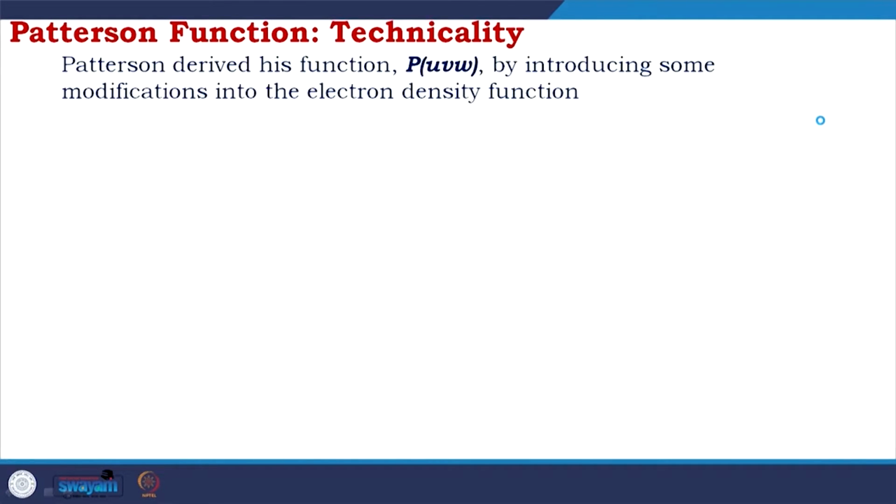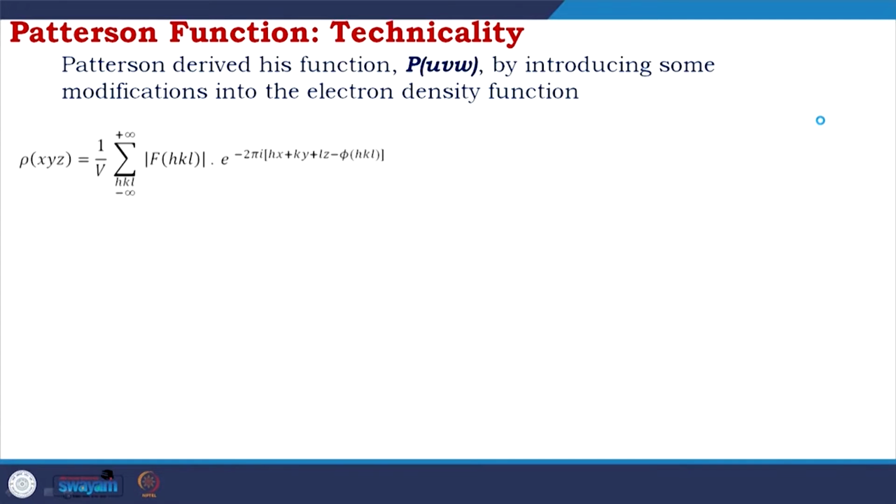Patterson derived his function P(u,v,w). So, now this x y z is changing to u v w by introducing some modifications into the electron density function. How? Let us take a look.